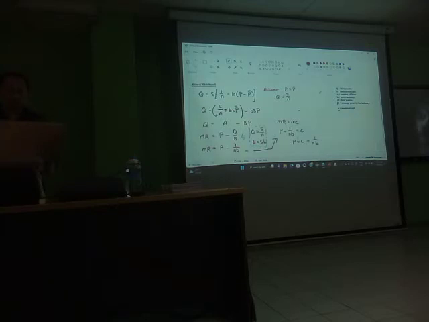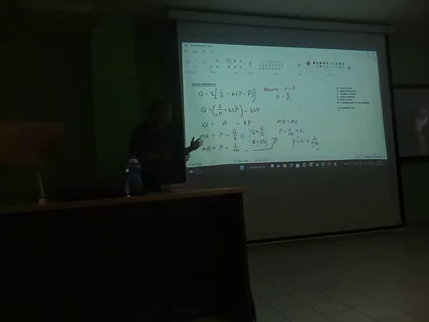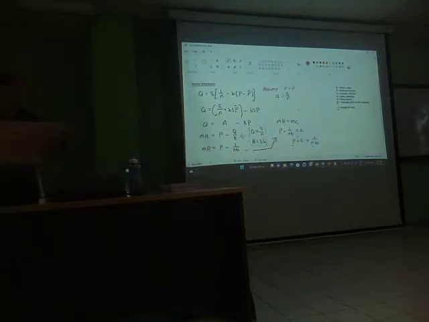Now from here, I have P here, I have N. Just now I said I want to see the relationship between price and the number of firms. Here we have this equation. Can you tell me, this equation, P and N, do they have a positive or negative relationship? Negative. Meaning the higher the number of firms, the lower the price.